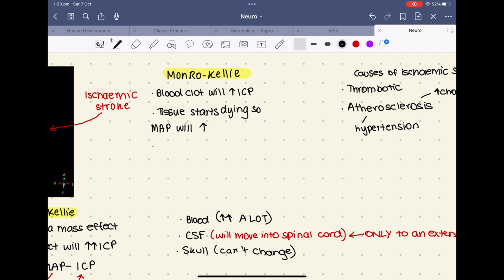So, compensation mechanisms. ICP is increasing, same as before. MAP is going to start increasing. Now, as you can see, I'm also writing down that you have obstructed venous outflow. It's important to remember this. Blood cannot get out of the brain as well because the vessels are starting to constrict as the brain tissue swells.